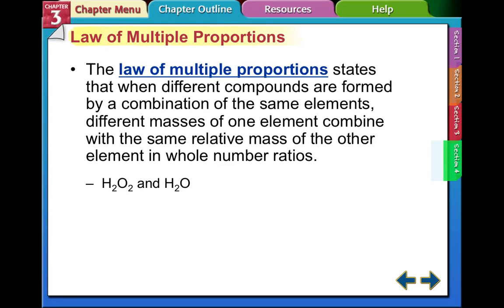Okay, we know we have 2 atoms of hydrogen, and we have 2 atoms of oxygen. Okay, this is hydrogen peroxide. This is water. You have 2 hydrogens and 1 oxygen.